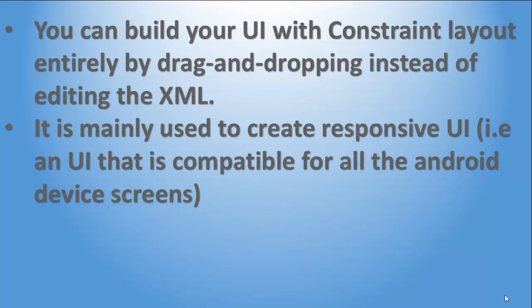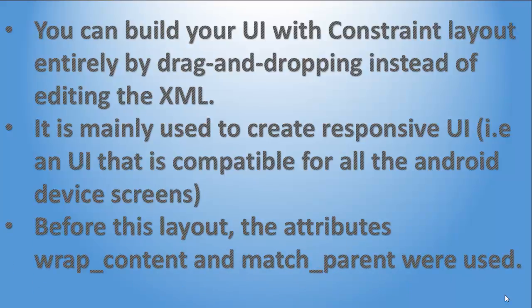So what is the main use of the introduction of this particular constraint layout? You can create a responsive UI, that is a UI that is compatible with all the Android device screens. It is somewhat similar to the attributes which we have used earlier.